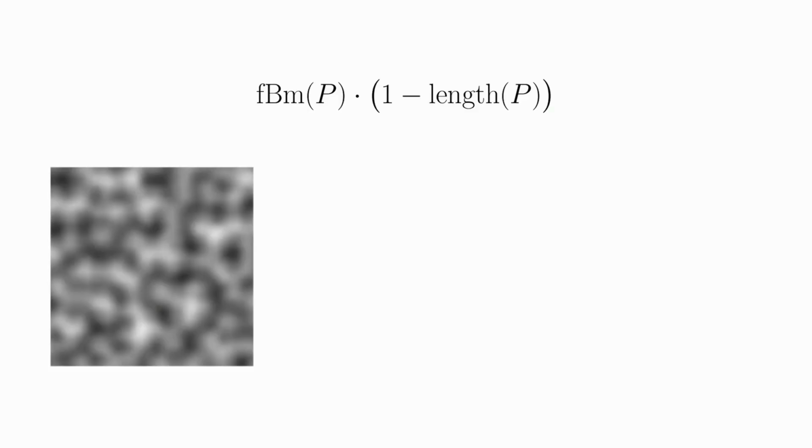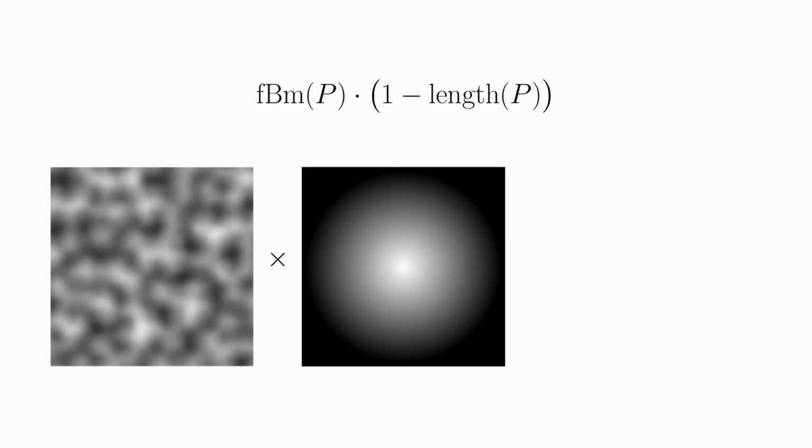So this way we'll get something that will have a U shape. It's not directly what I want to get. So instead of using the length function directly, I will use 1 minus the length. So I will invert the shape of this pattern. Instead of a U shape, I will get something like a heap. So we will multiply the FBM by 1 minus the length of the vector. The result looks like this.